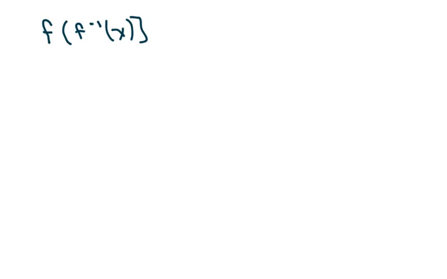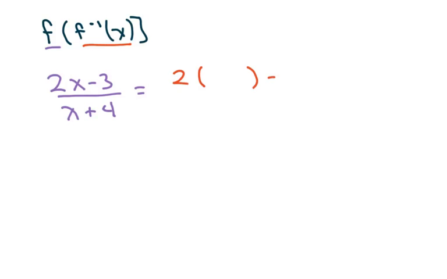And I'm going to first write down f first, which was 2x. And I'm going to go ahead and input my f inverse. So basically, everywhere there's an x, I'm going to input my inverse.